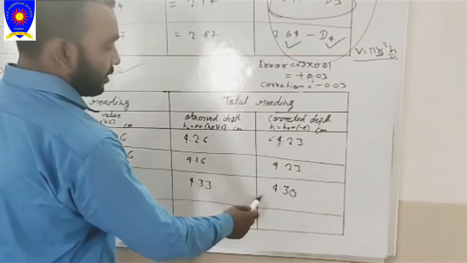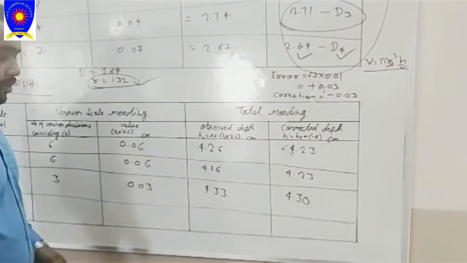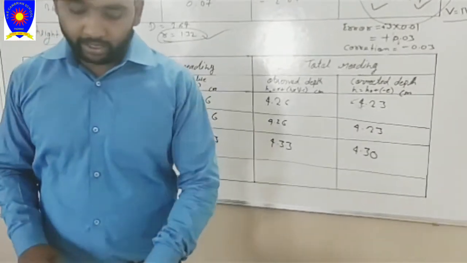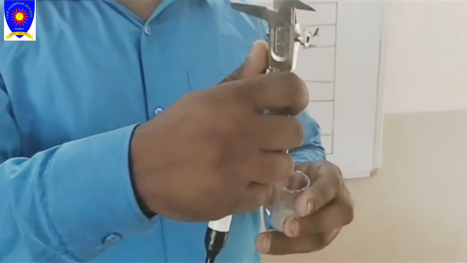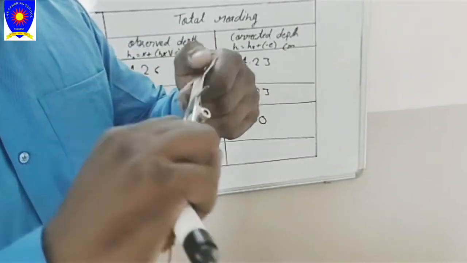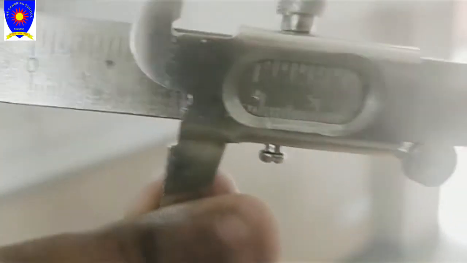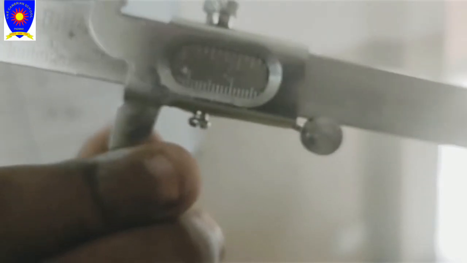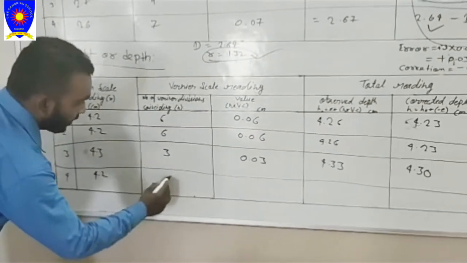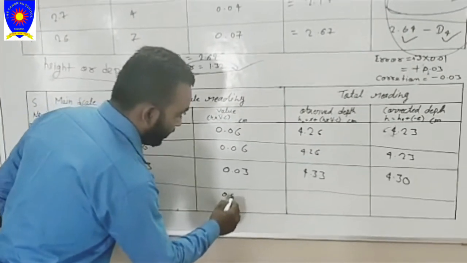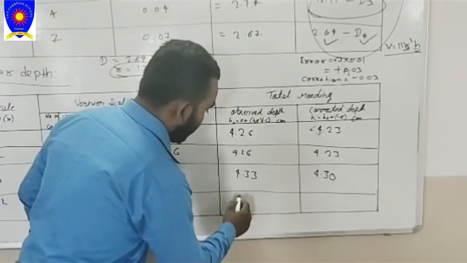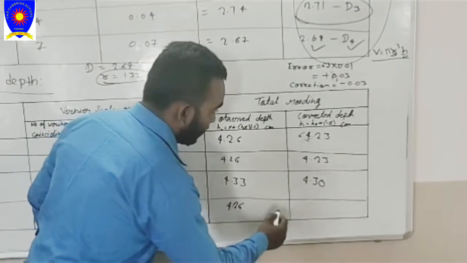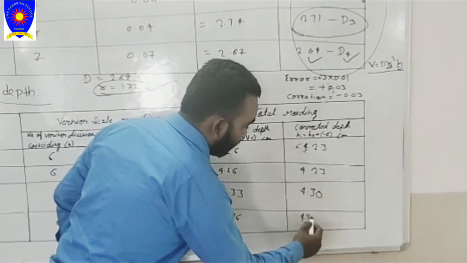So this is 4.3. Now the fourth reading, once again keep this in here. So now we are looking that there is the same reading as first, second. Okay, so right here 4.2, 6, 0.06, 4.26, 4.2.